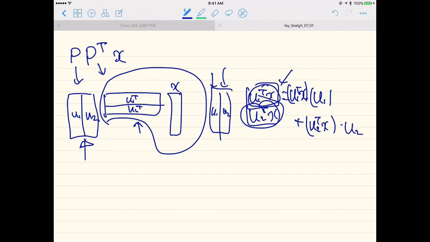So now we represent this vector as two components. The length part is this, and the basis vector is this. So this was the projection matrix.